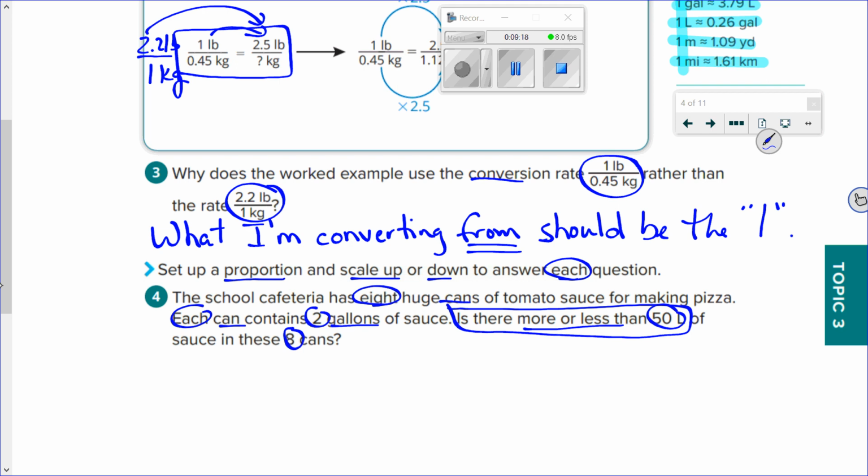Am I converting cans or am I converting gallons? Gallons. What am I converting the gallons to? Liters. So that's my conversion, and then I will need to multiply it by 8 to see if it's more or less, okay? So convert the gallons to liters, multiply it by 8, see if you get more or less than 50. Use this type of setup, okay? And your conversion factors are right up here on the right.